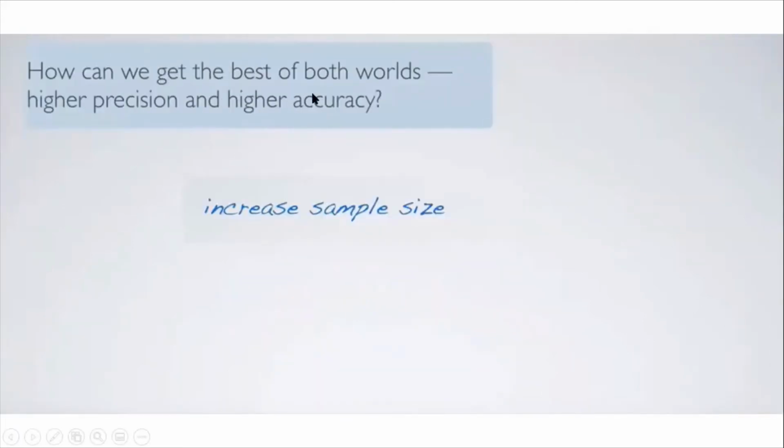So how do we get the best of both worlds? We need to increase the precision and also increase the accuracy. We want to capture the true population, and we also want to make it precise so that we can use it. The only way to do that is to increase the sample size.